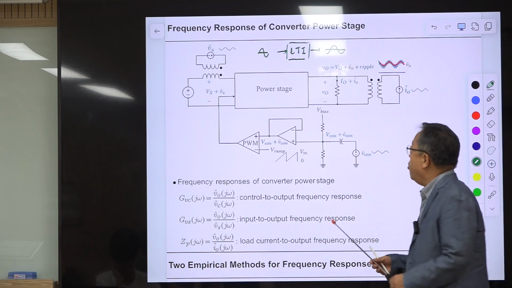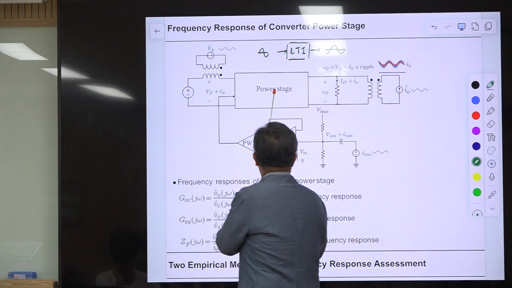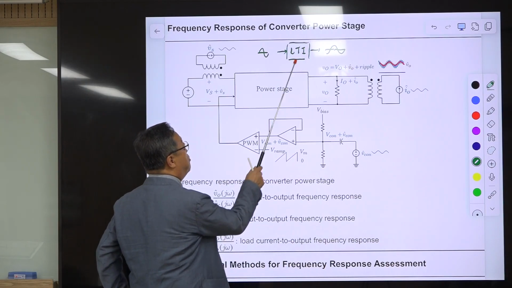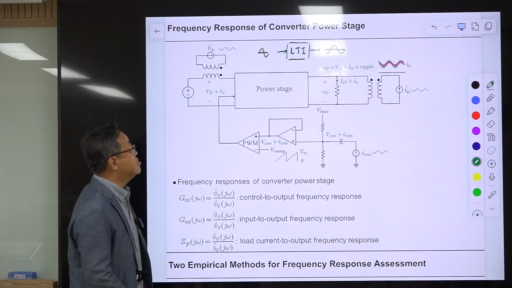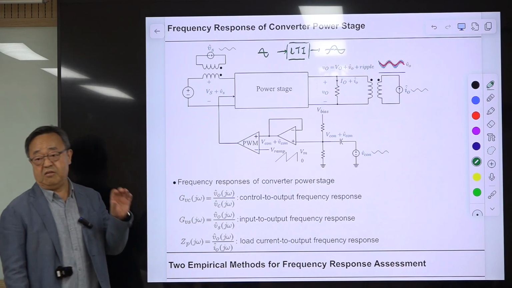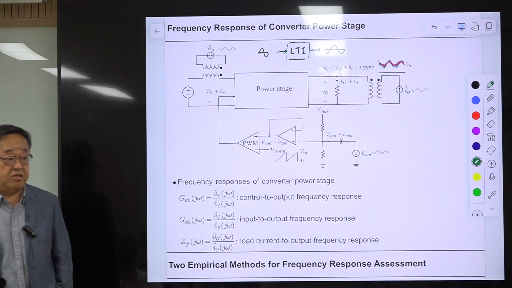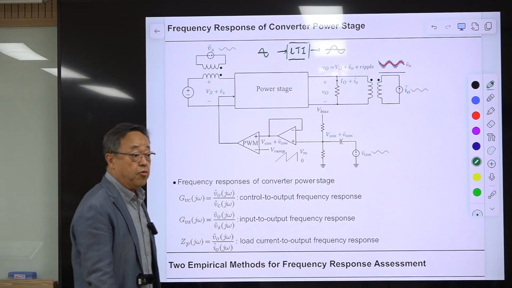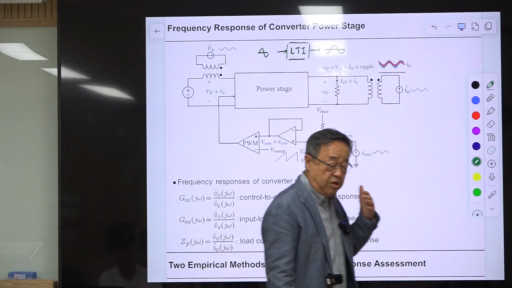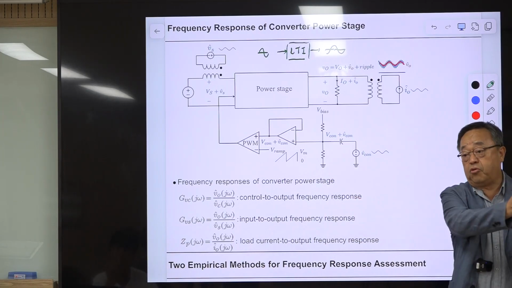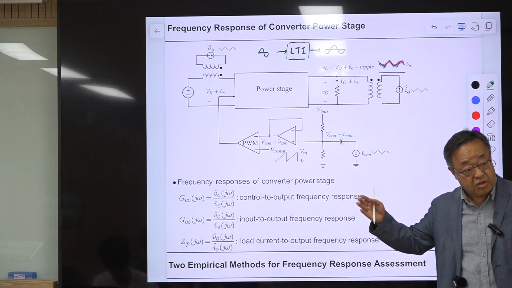So for one particular frequency, the change in the phase and the change in the magnitude or amplitude of this sinusoidal signal is defined as amplitude response and phase response. Okay, but what we really want to do is to evaluate this for a continuous frequency range.